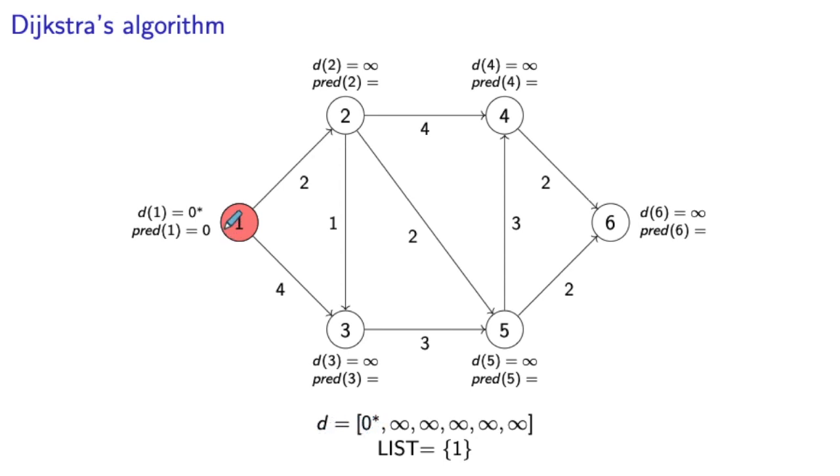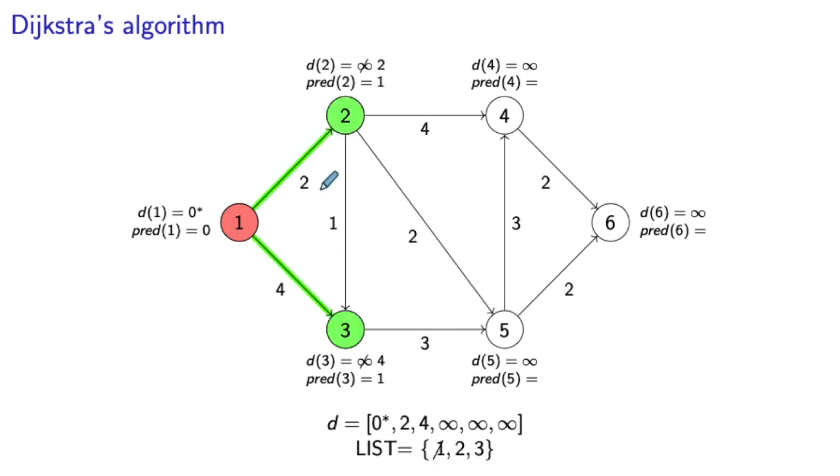And then once we made the node permanent, once we colored it in red, we are going to look at all the outgoing arcs that we can use to update other labels. So we're going to mark these arcs with green color, and then the nodes that we reach for the first time by doing this are going to be marked in green also.